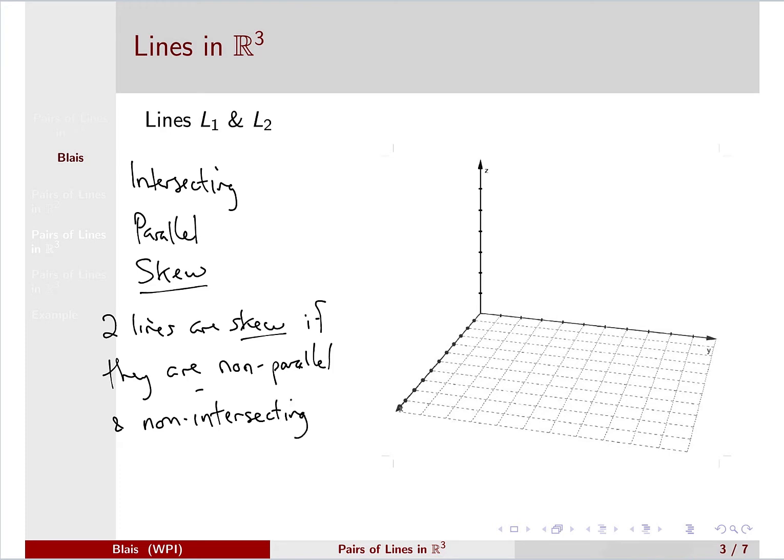And so the idea of skew lines, let's draw an example. So suppose we have this line here in the xz plane. And then let's draw a line down here, say in the xy plane.